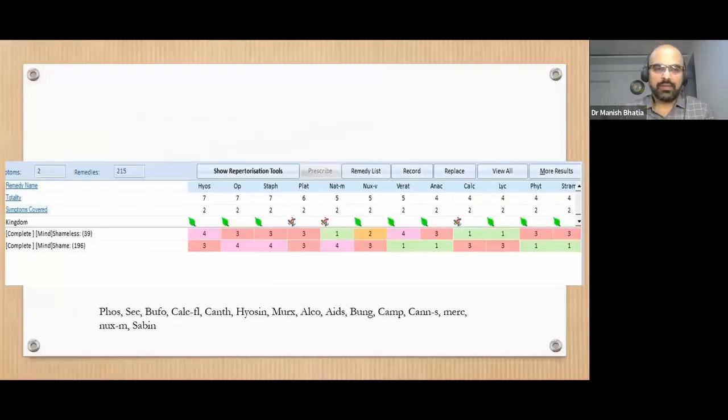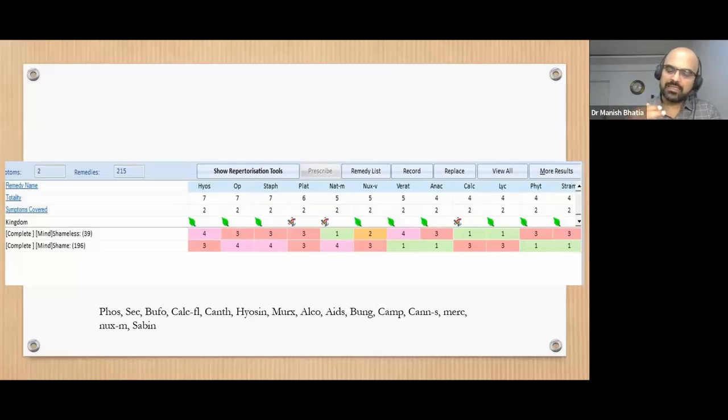The rubric shame has 196 remedies, and the rubric shameless has 39 remedies. The strange thing is that out of the 39 remedies, probably 27 remedies given in the rubric shameless are also present in the rubric shame, and sometimes with more intensity. We need to understand this.